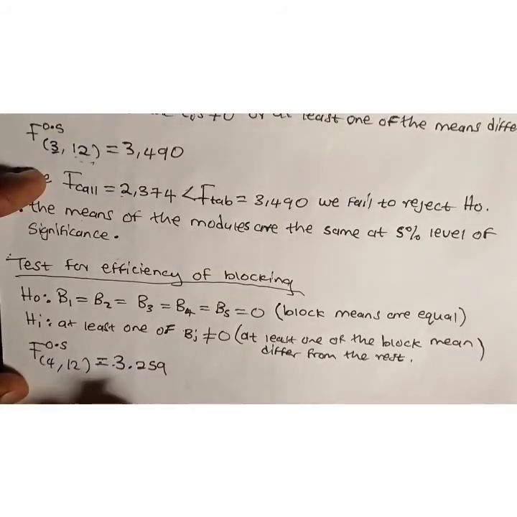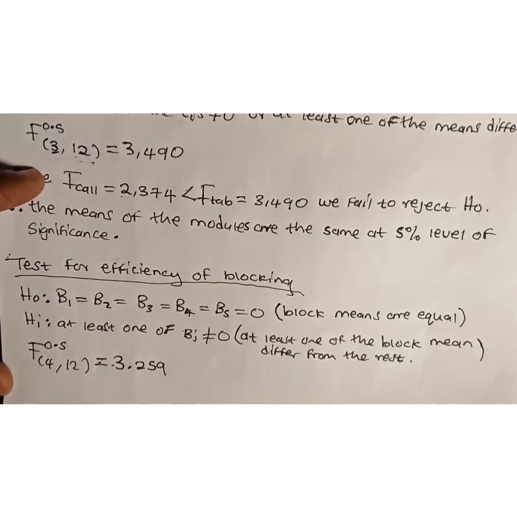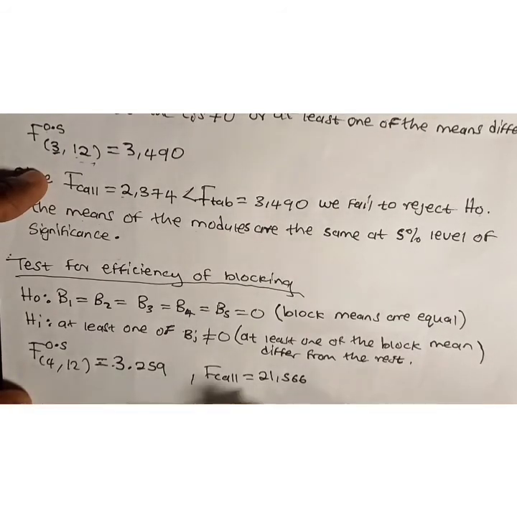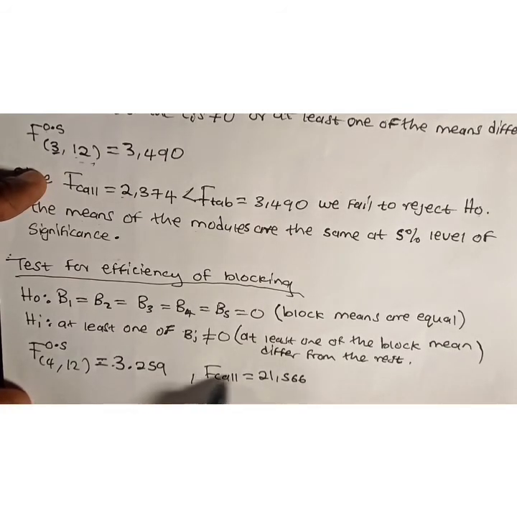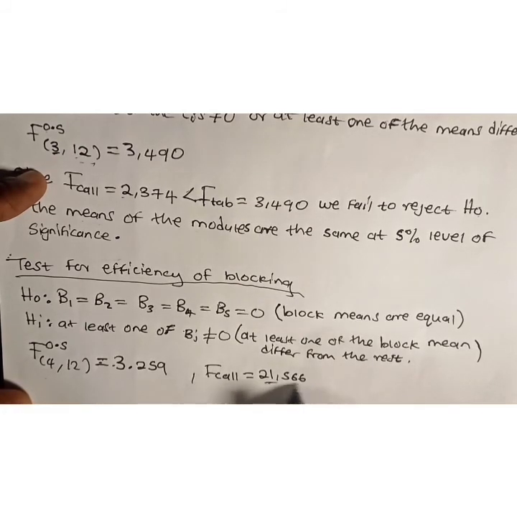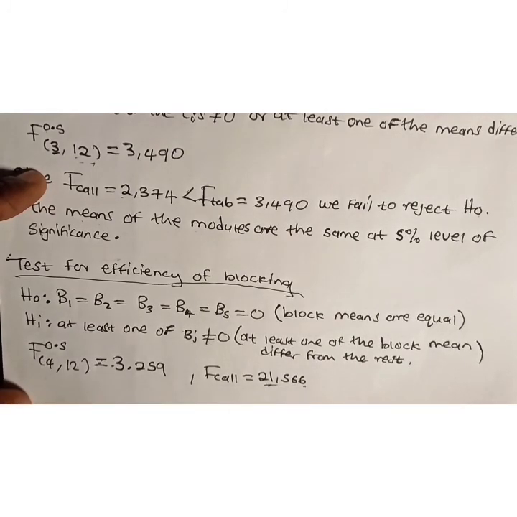So we'll also compare this critical value with our F-cal for the block efficiency, which, if I may recall, we found to be 21.566. We check if our F-cal is less than or greater than our F tabulated, and find out our F-cal is a bigger value, which is going to imply that blocking was efficient.